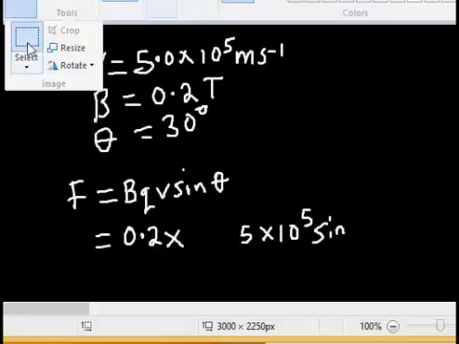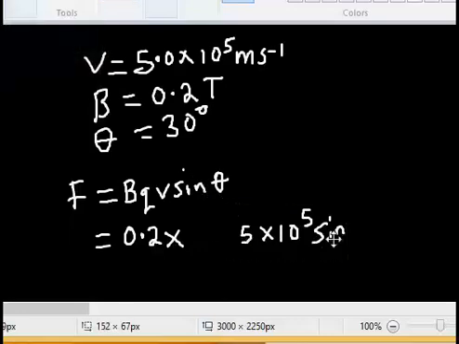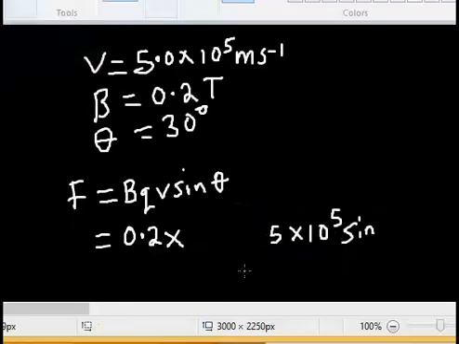Let me give myself space so that I can insert that. So here I have 1.6 times 10 raised to the power of minus 19. Now, sine of the angle, 30 degrees, is 0.5.